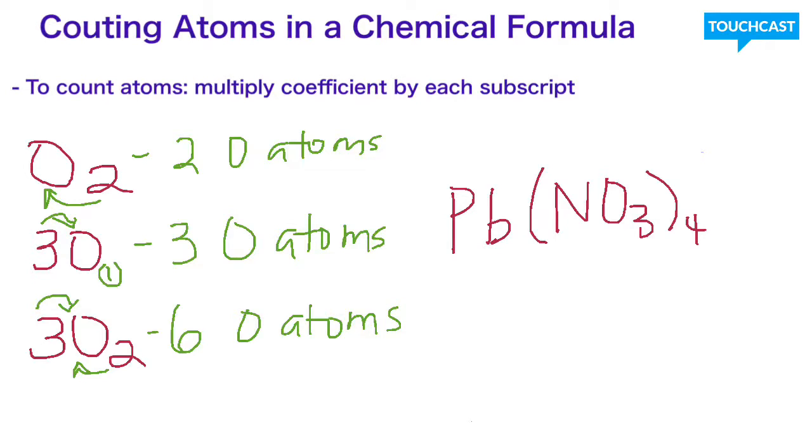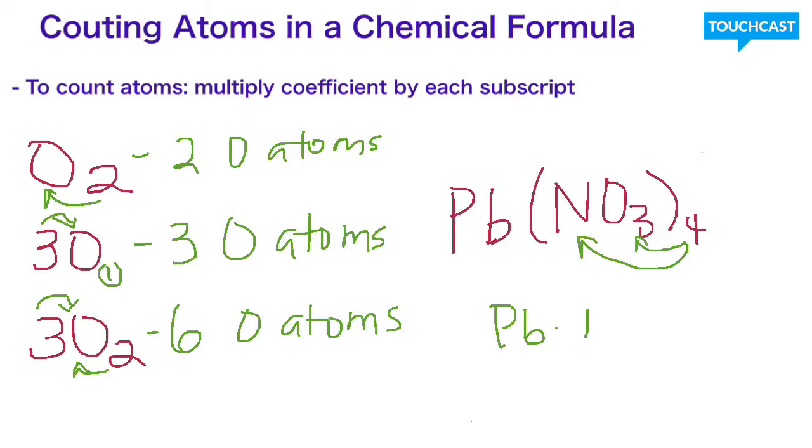Now I wanted to give you one example of parentheses before we end the video. So here we have lead nitrate. Remember, as I stated earlier, the subscript applies to everything inside the parentheses. So that 4 applies to nitrogen and oxygen. I don't have a subscript next to my lead, so I have 1 lead atom.